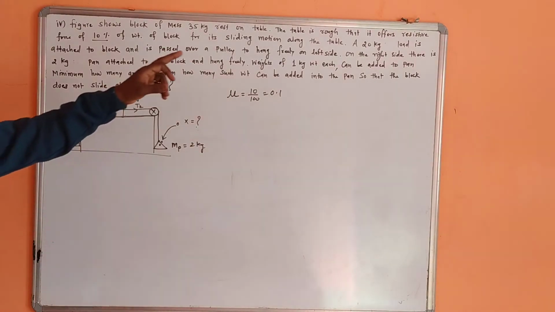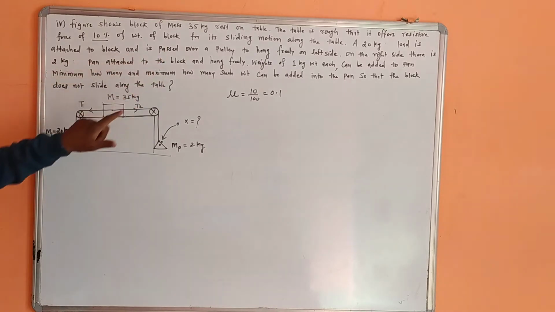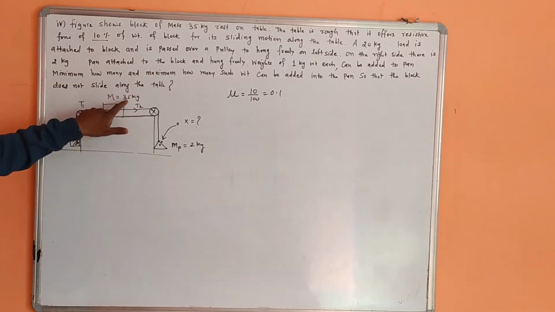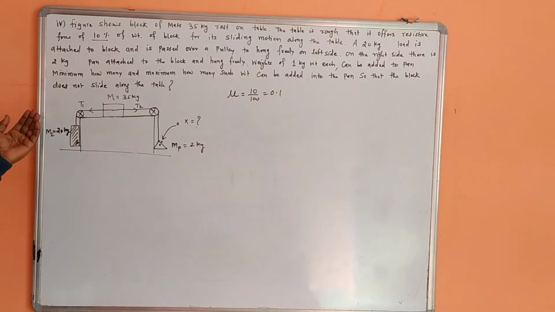Now see, a 20 kg load is attached to the block and is passed over a pulley as shown in this diagram. This is the mass 35 kg which is resting on the table and the 20 kg load is attached to its left side. So, no doubt, it will create a tension along this string.